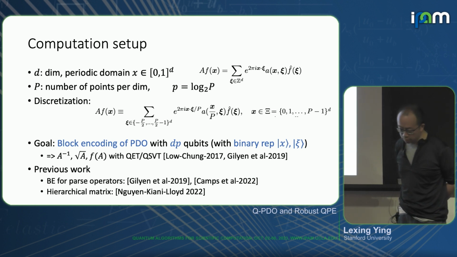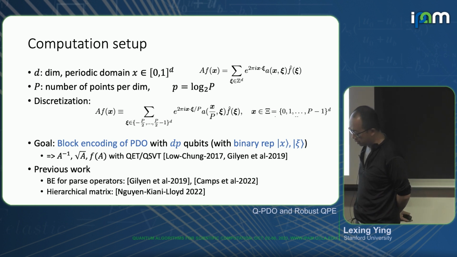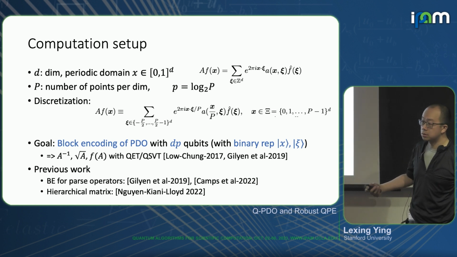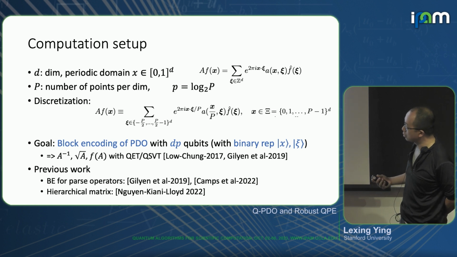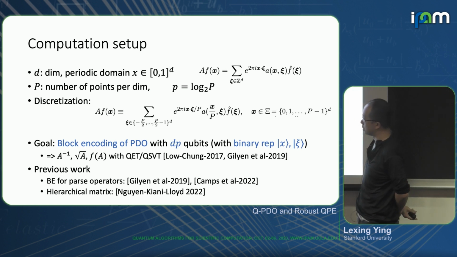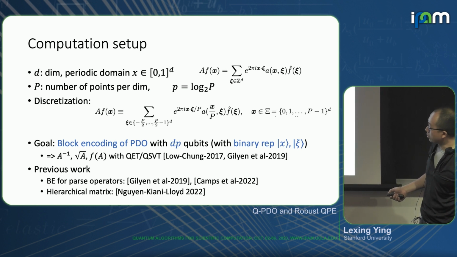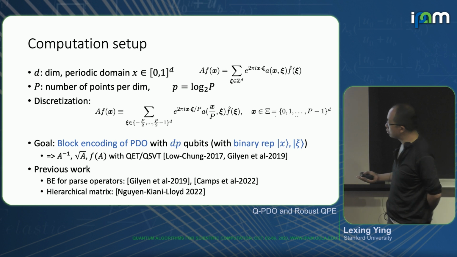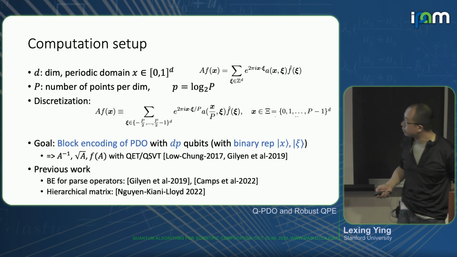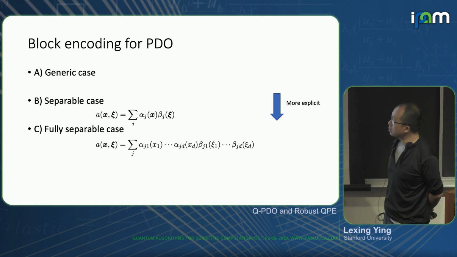Here they assume that you have some sparse matrix, some oracles for the locations of the sparsity pattern and also for the amplitude, and they construct the circuits to represent these operators in the block encoding. There's also a paper that appeared last year working with hierarchical matrices, which is in the same realm. Okay, so I separate the discussion of this part into 3 pieces.